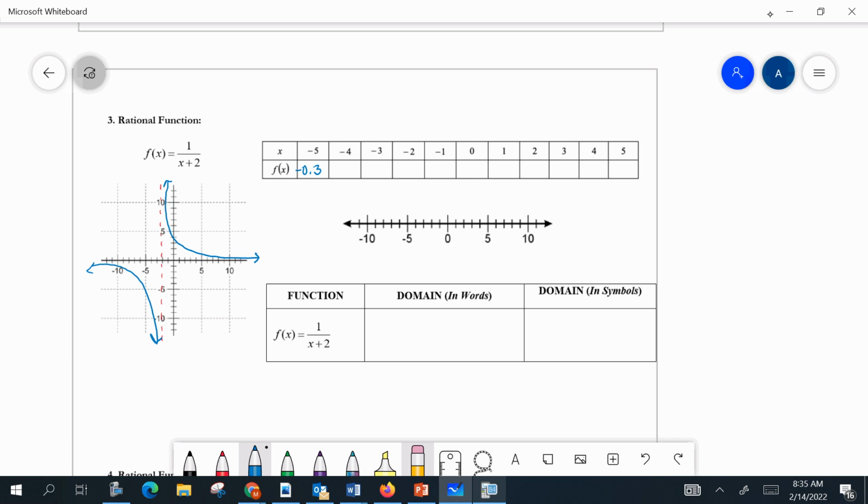We can just round these decimals. Then -0.5, -1. At -2, we get an error. I'm going to put this in red so it stands out. That's what's causing the break: there's no output at -2. After that, -1 is 1, then 0.5, 0.3, 0.25, and so on.